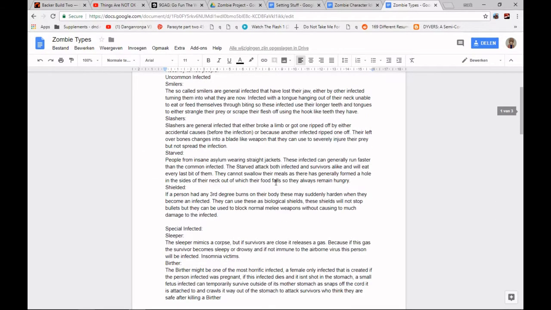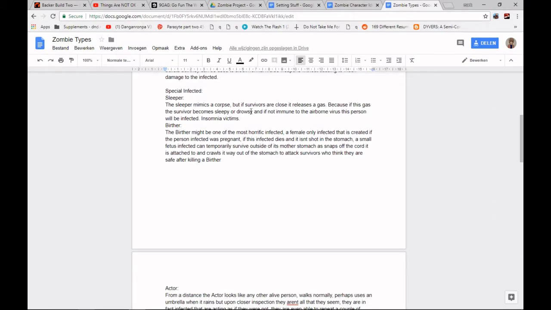Now let's go to the special infected. We have the sleeper. And now, how the special infected work is that they exist because someone with a severe condition, a mental or physical condition, got enhanced by this virus and used into the mutation, which makes them a different type of infected.